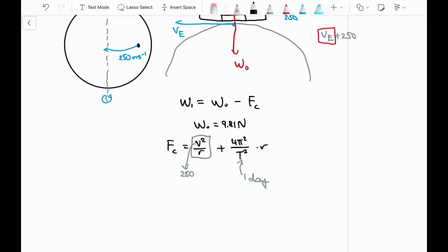Okay, now we can resolve for FC easily. So now it's 250 squared over r. R is given as the radius of Earth, which is 6.37 times 10 to the 6, plus 4 pi squared over t squared. Now for 1 day, it's 24 times 60 squared to get into seconds squared, and times r, which is again this.